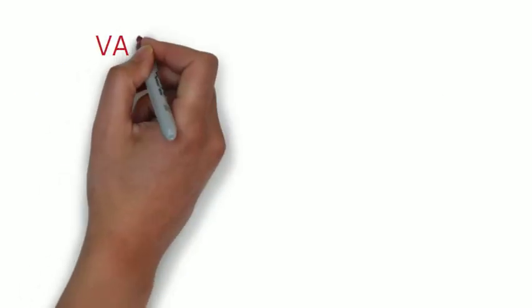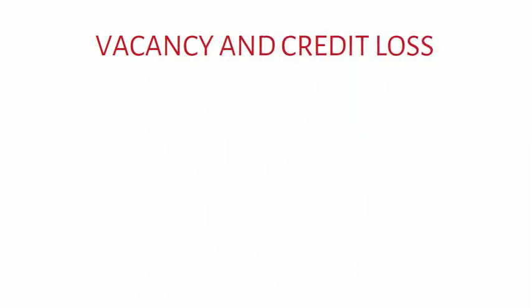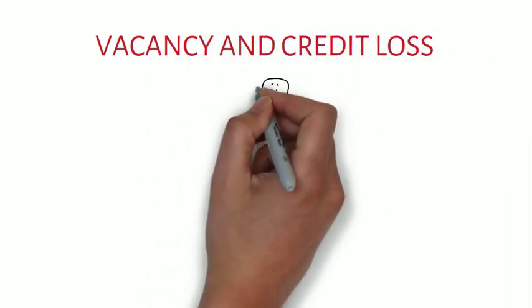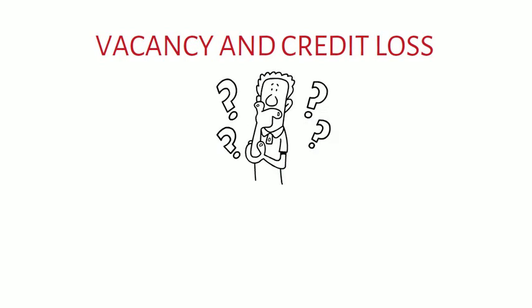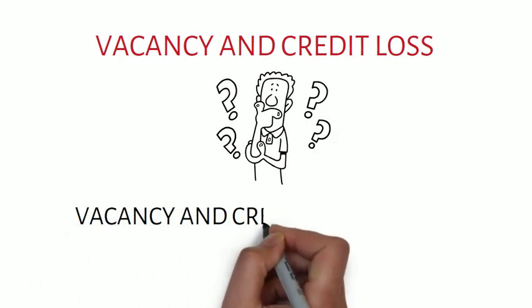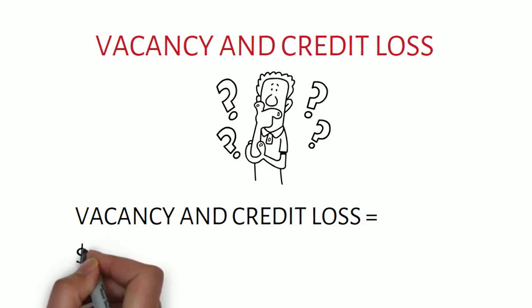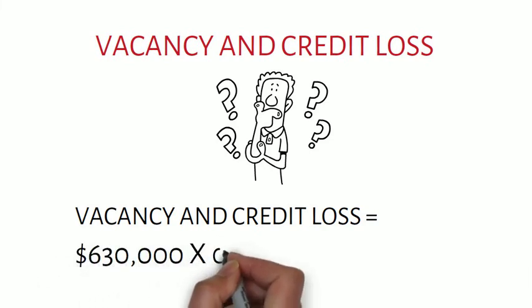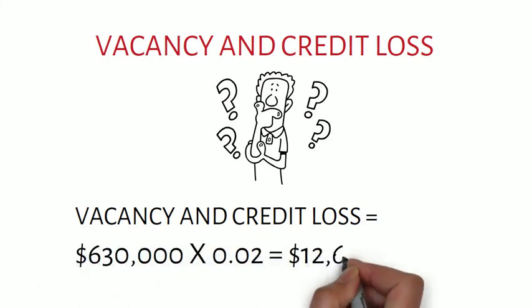Then calculating the vacancy and credit loss will be a percentage of this income, which is vacancy and credit loss equals $630,000 multiplied by 0.02, which equals $12,600. That would be your vacancy and credit loss amount if you were to forecast for that 100 unit apartment.